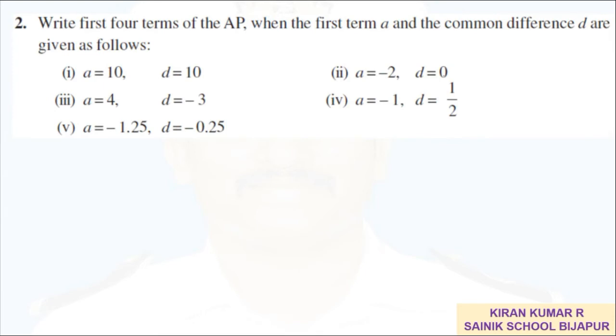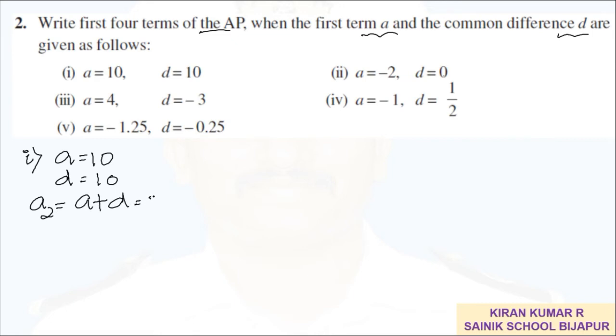Have a look at the second question. Write the first four terms of the AP when the first term A and the common difference D are given as follows. I will solve a few of them. First one, suppose I consider A as 10 and D as also 10. Then the second term is A plus D, which is 20.